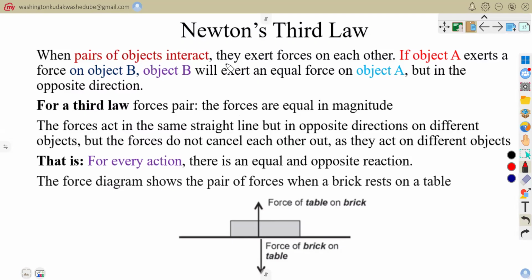Within your exams, they might also ask you to identify two pairs of forces that obey Newton's third law.